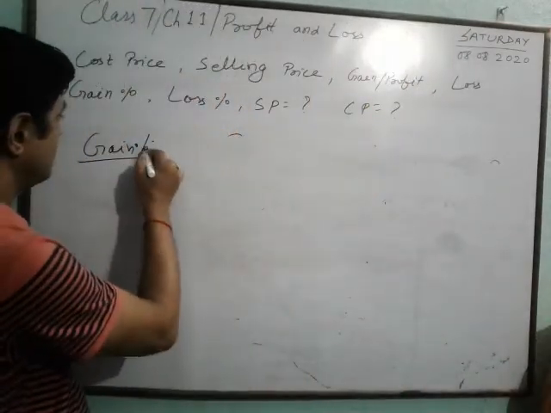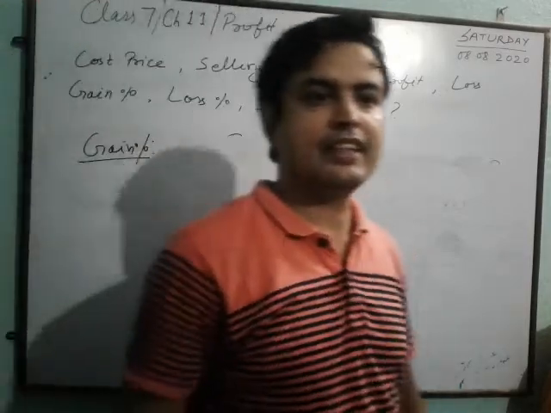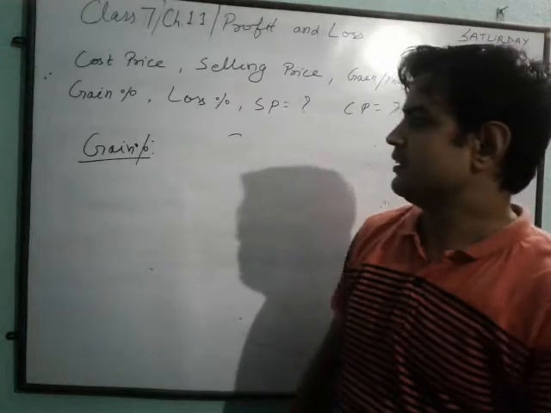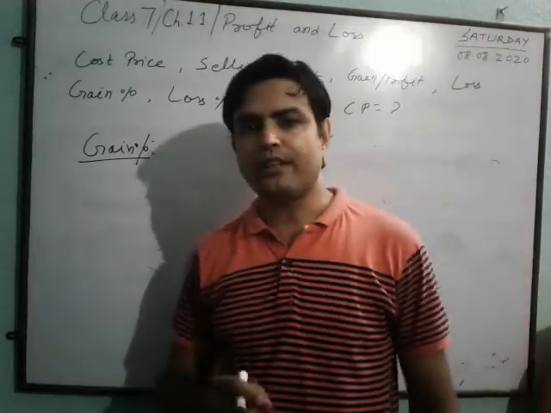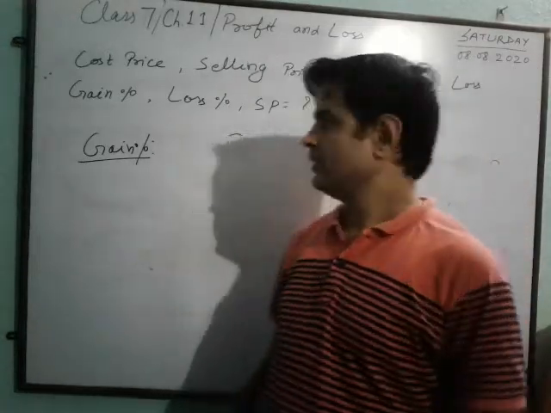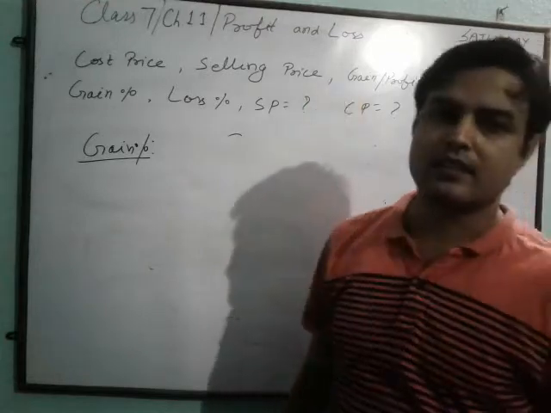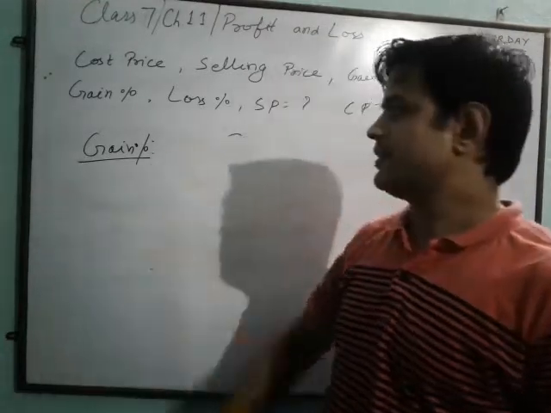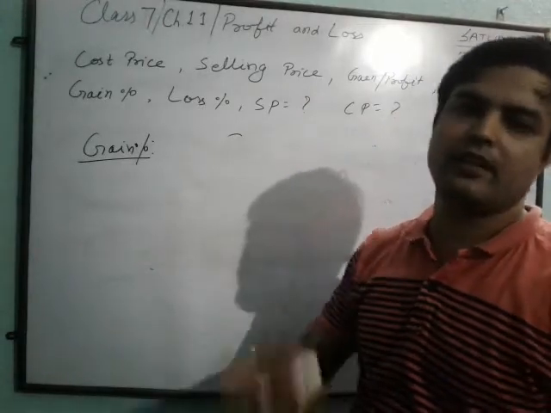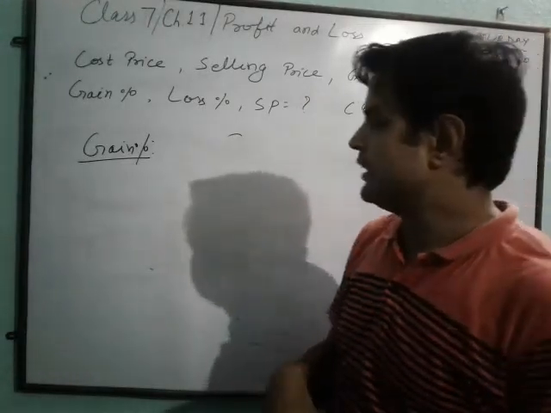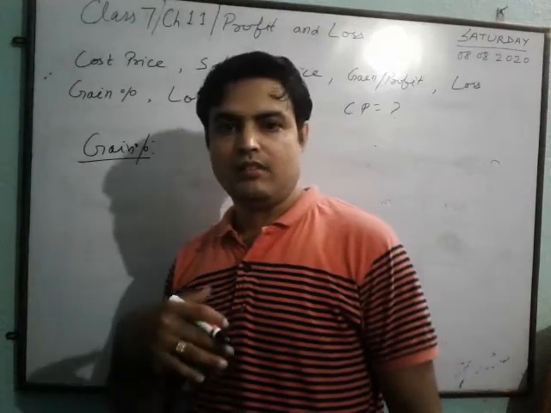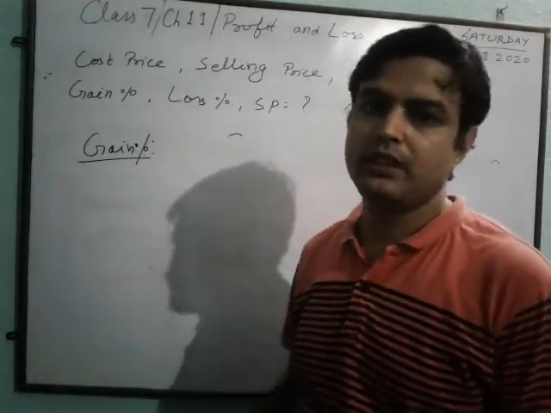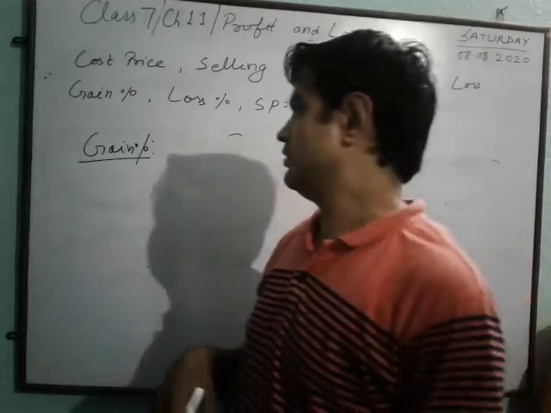But gain percent indicates the profit per 100. Gain indicates profit in all, but gain percent indicates how many rupees we gain per 100. Out of each 100, how many rupees we earn.